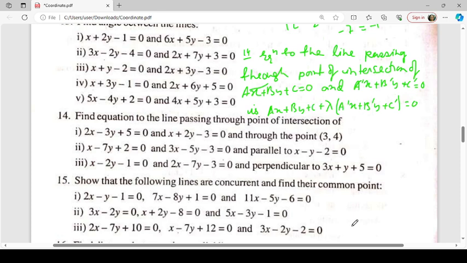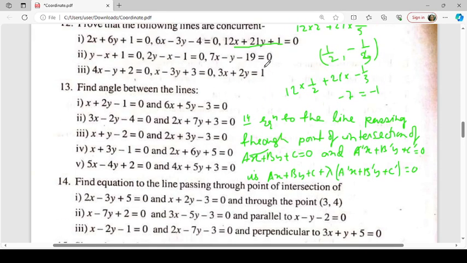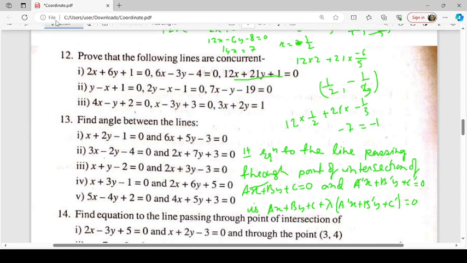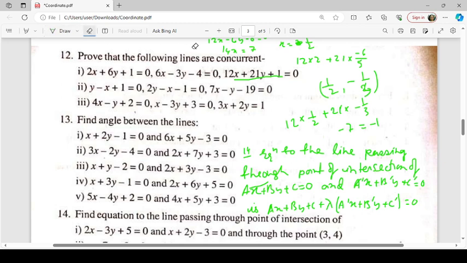So to do this problem, how will you write number 14?